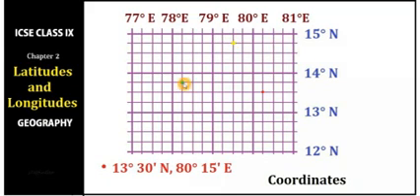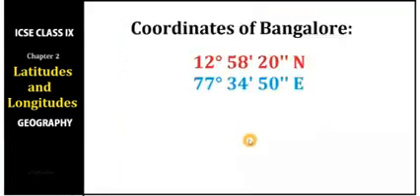Let us see what is the position or location of Bangalore. Bangalore is located 12 degree 58 minute 20 second north and 77 degree 34 minute 50 second east. That means Bangalore is 12 degree 58 minute 20 second from the equatorial line towards the northern side.